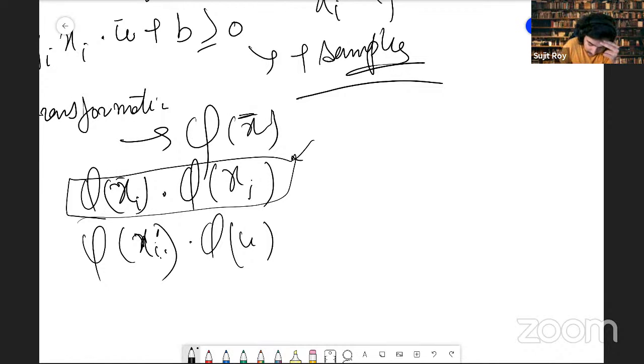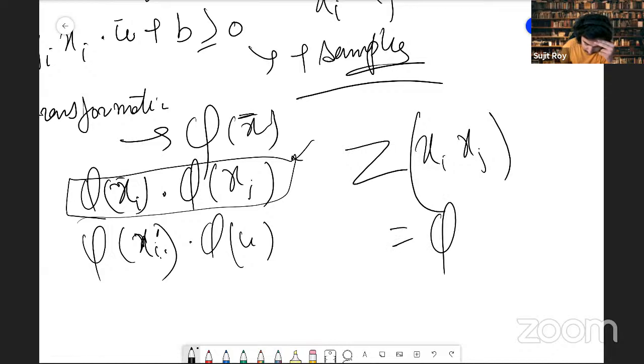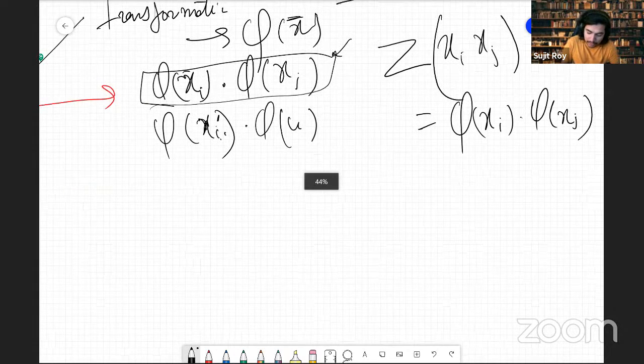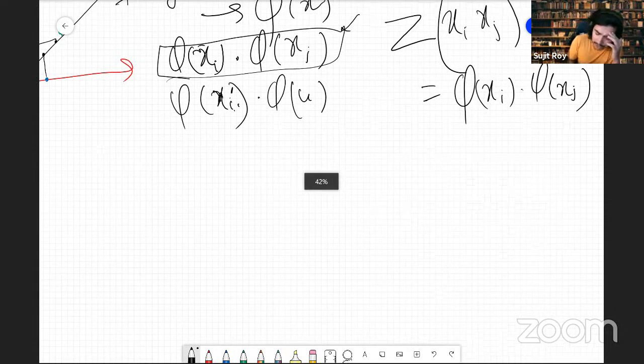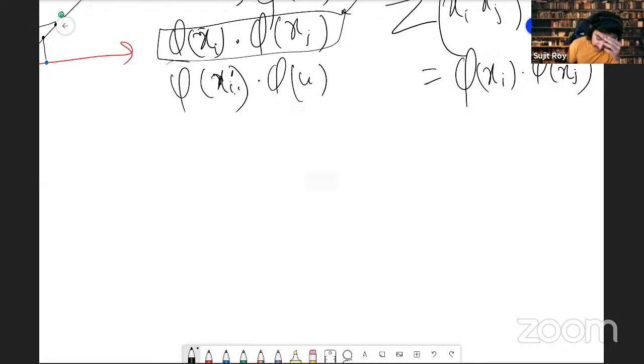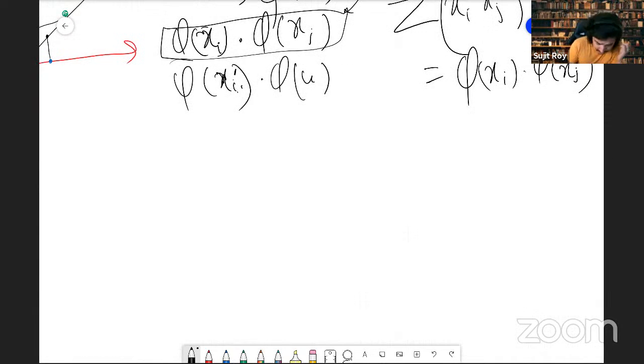So if we write a new kernel, let's say z, it will take care of x_i and x_j, so it should be equal to phi of x_i and phi of x_j. Here came the concept of kernel. The mathematicians tried, and we had different kernels. I think we can look at the kernels later in some other class. Today we just focus on this.